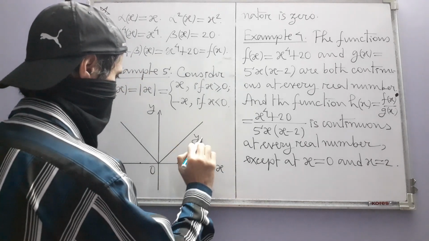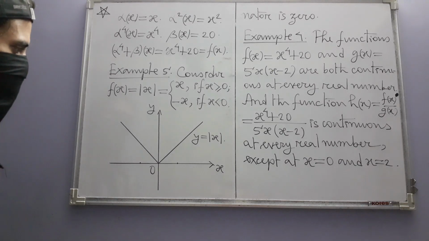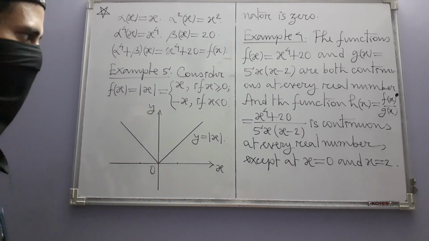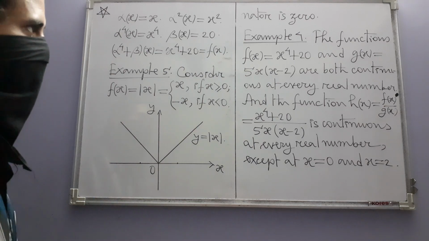So this is the graph of your absolute value function. So from the graph itself you can see that it is continuous at every real number.